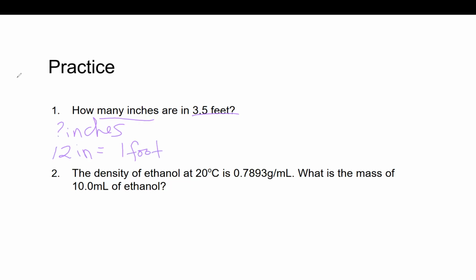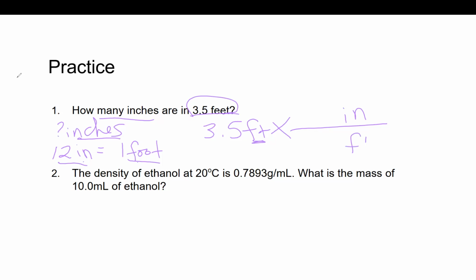Okay, so I start with what I know, or what I'm given. I'm given 3.5 feet. And I set up the conversion factor. I can go from feet to inches because I know there are 12 inches for every foot. What do I want? I want inches. So inches is going to go on top. What do I want to get rid of?